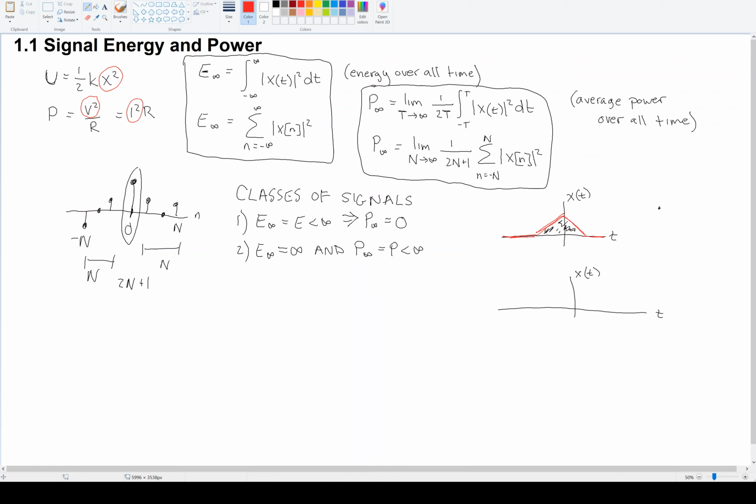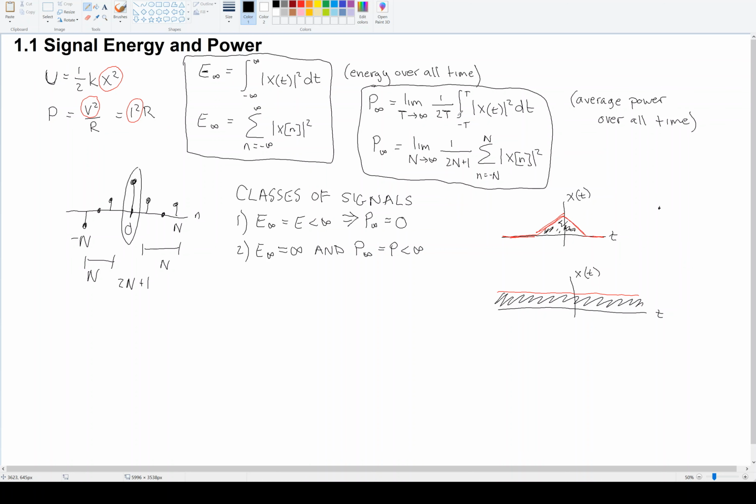A DC signal is a signal that doesn't change. Now, let's think about the energy in this guy. If I squared it, then its amplitude would still be non-zero, and it still would not change if I squared it. And then if I added up all the area from minus infinity to plus infinity, that would go to infinity. And so the energy in that DC signal is infinity.